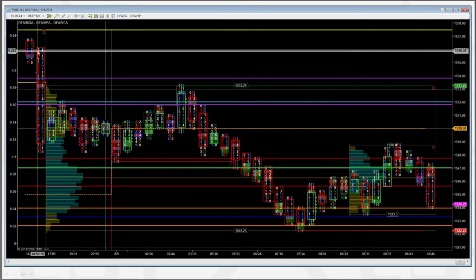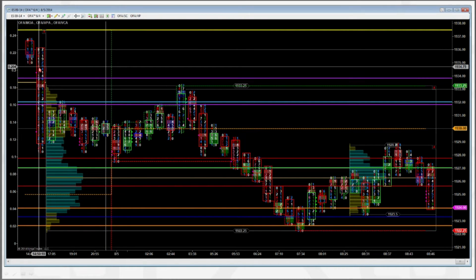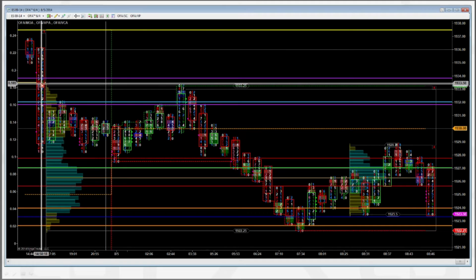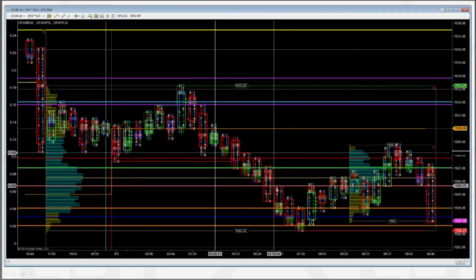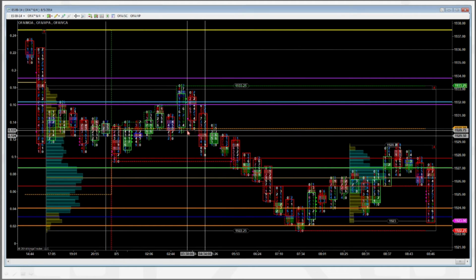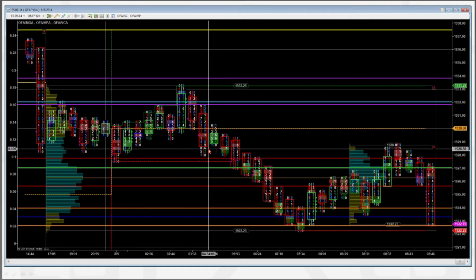And so with the probe and rotation, in all of this volume, it may be difficult, and here's the volume clusters and the tool that we use to identify where that volume came in. But throughout the day, I want the sensitivity of the 6-4 probe and rotation, but I want to understand if and when price is moving based on a big move of volume.